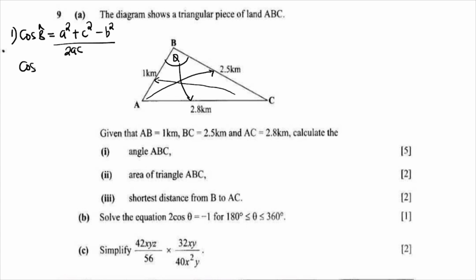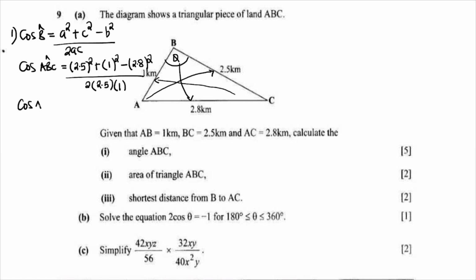So cos angle ABC is equal to the length for a, which is 2.5, squared, plus the length for c, which is 1 squared, minus the length for b, which is 2.8 squared, over 2 multiplied by 2.5 multiplied by 1.